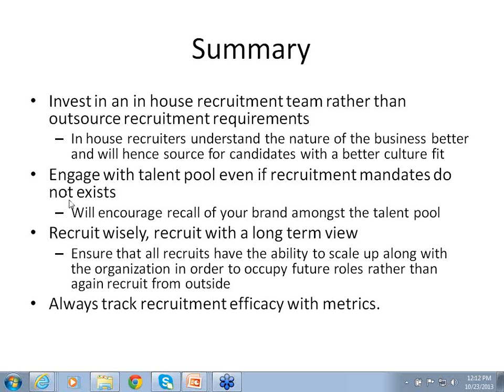Muthu Kumaran has asked what could be the meaningful cycle time for talent acquisition. You should remember that talent acquisition, as I said, is a strategic function, and recruitment is one part of it. So talent acquisition can take as long as many years, because it is built over time.